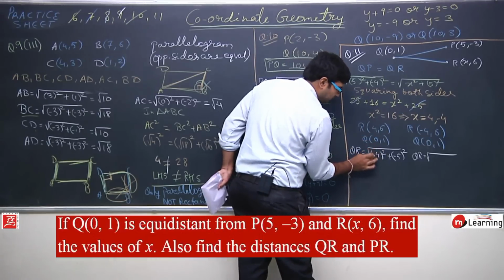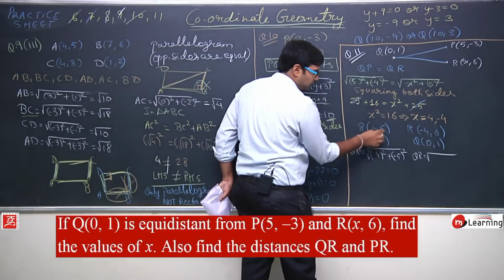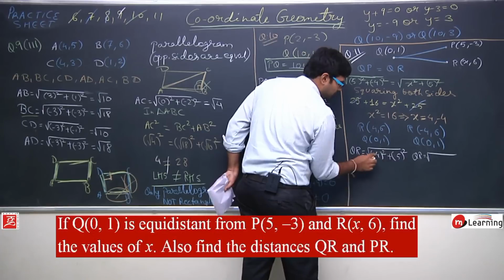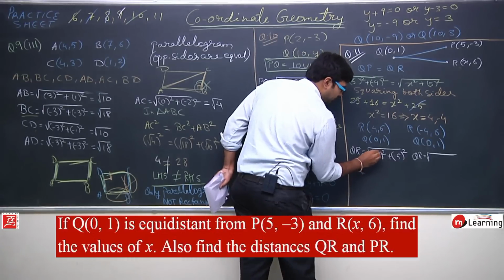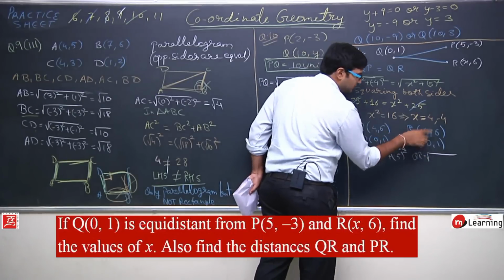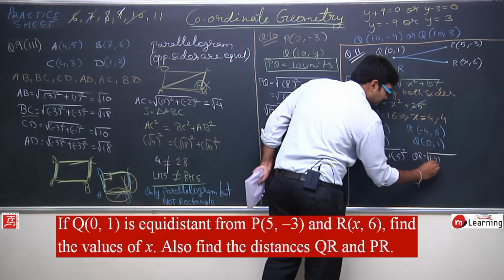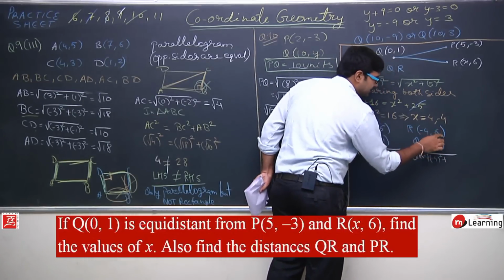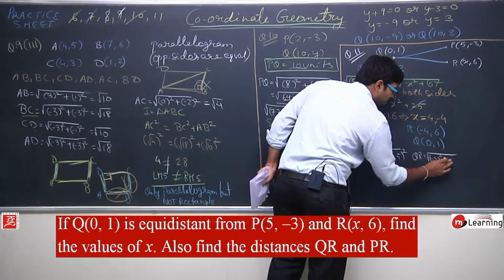Okay, I have written it wrong. This is x2 minus x1 is 4, y2 minus y1 is 5, so this is 4 and 5 whole square. Here also minus 4 minus 0 is minus 4 whole square, plus 6 minus 1 is 5 whole square.